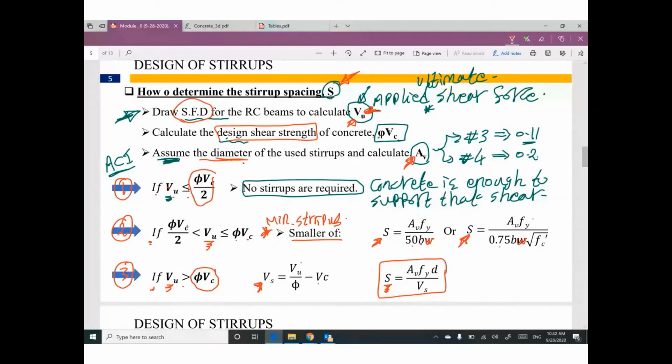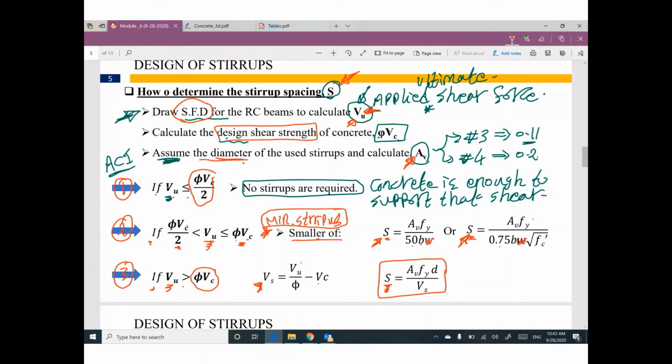But if your V ultimate is greater than this value and smaller than this value, you are critical. Concrete is still good, but you are critical, so I'm gonna put minimum stirrups. Your spacing between stirrups will be this value or this value, the smallest one.